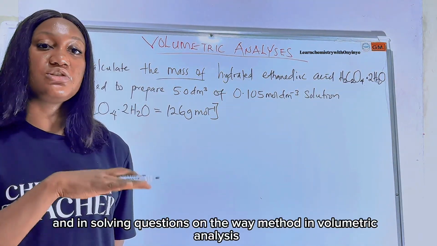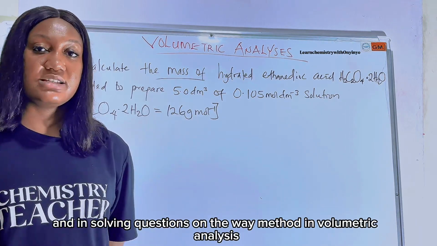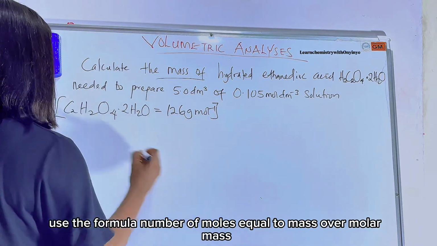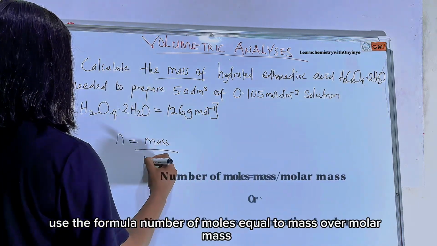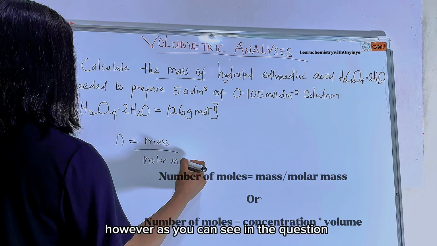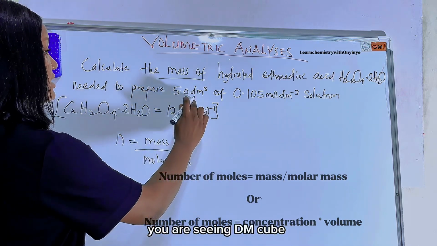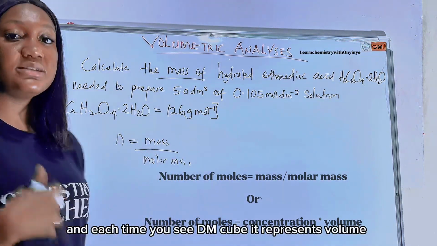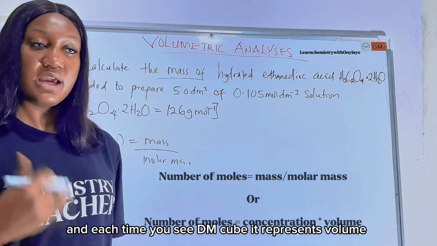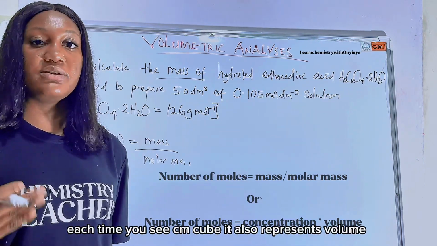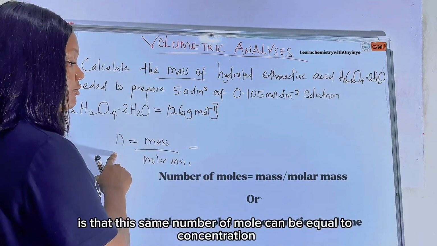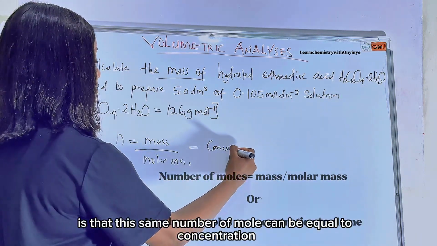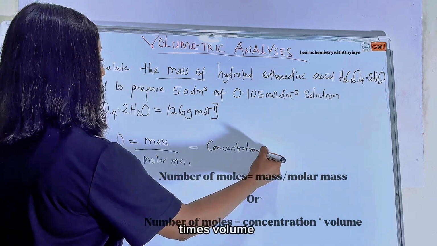In solving questions on the weighing method in volumetric analysis, we use the formula number of moles equal to mass over molar mass. However, in the question you're seeing dm³, and each time you see dm³ or cm³, it represents volume. So the same number of moles can be equal to concentration times volume.